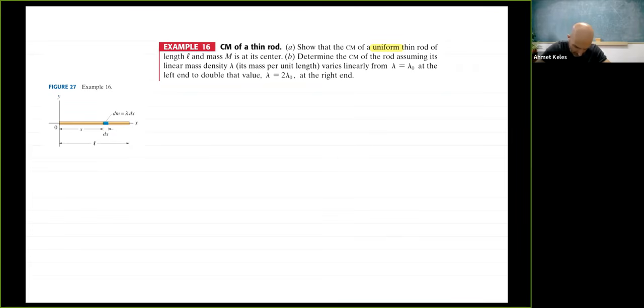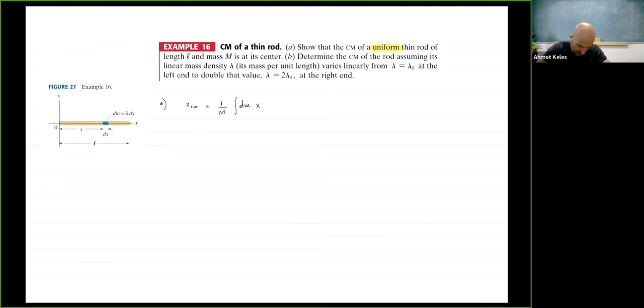Okay, let me go ahead and start. A, what did we say? The center of mass should be equal to 1 over the total mass, which is M, integral over all little masses and their coordinates, but this is 1D, so let's put x.